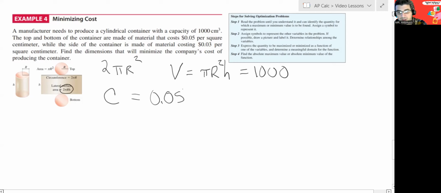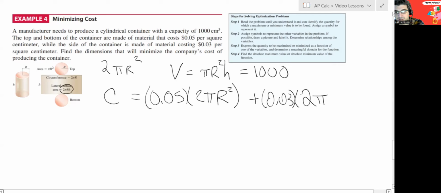So it's going to be 0.05 times 2 pi r squared plus the 3 cents times the lateral surface area, which is 2 pi r h.